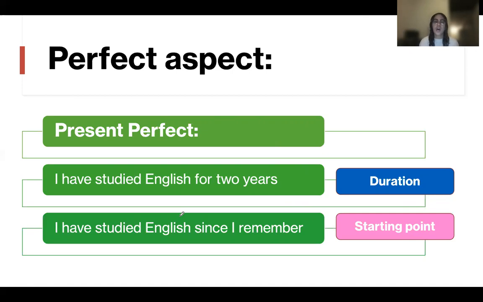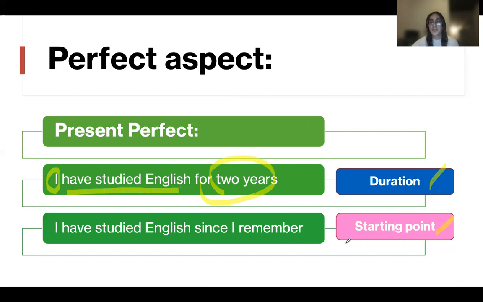And we can also specify in that sentence the duration of the action and the starting point of the action. Like for example, I have studied English for 2 years. That is, for 2 years, this subject has been doing a determined activity, which is studying English.